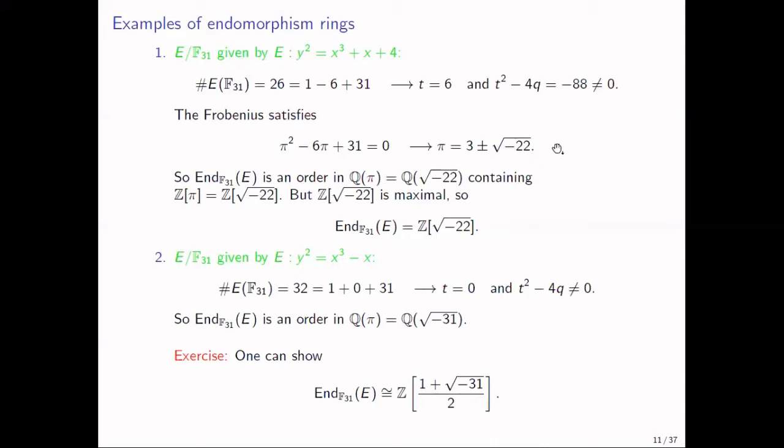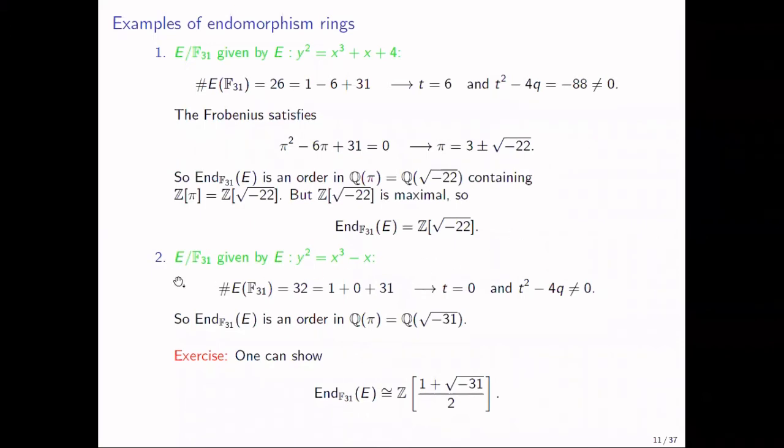So I told you that in this case, the rational endomorphism ring is an order in this imaginary quadratic field. And it needs to contain, of course, the subring generated by Frobenius, which is Z adjoined with the square root of minus 22. So this is an example of an order. But this order is not a maximal order, and so you can figure out the endomorphism ring.